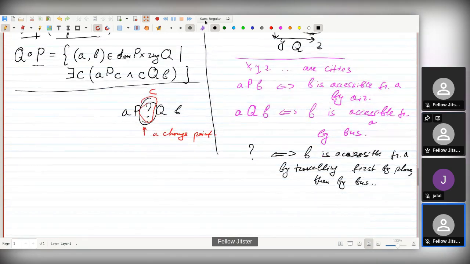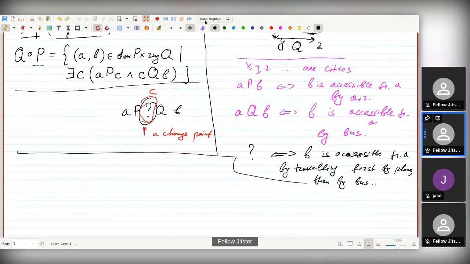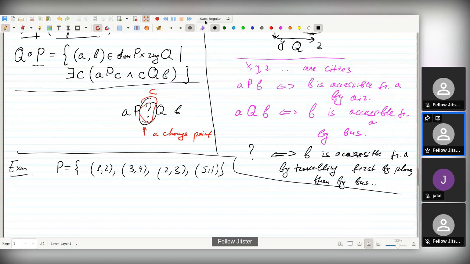Yes. But clearly we need some examples to really grasp this idea. Aha! So let P consist of the following pairs: (1,2), (3,4), (2,3), (5,1).